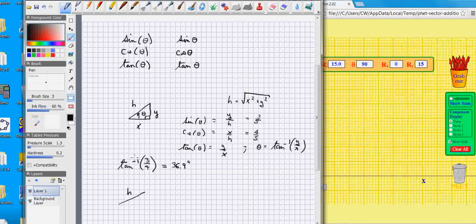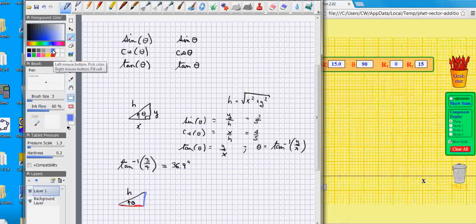Let's say it's from this same triangle right here, and I knew what theta was, like this, and I wanted to figure out what the horizontal leg of this triangle is, let me put it in color here so you can see, and what the vertical leg was, like this, by using the definitions for sine theta and cosine theta.